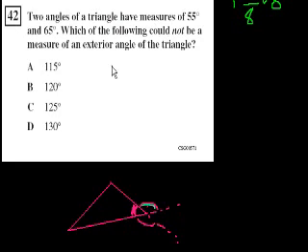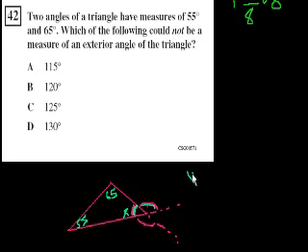So let's go back to the question. 2 angles of a triangle have measure of 55 and 65. So let's say that this is 55 and this is 65. Which of the following could not be a measure of an exterior angle of the triangle? Well, we can figure out all of the exterior angles. So first of all, what's this third interior angle going to be? Well, they all have to add up to 180, so let's call that x.